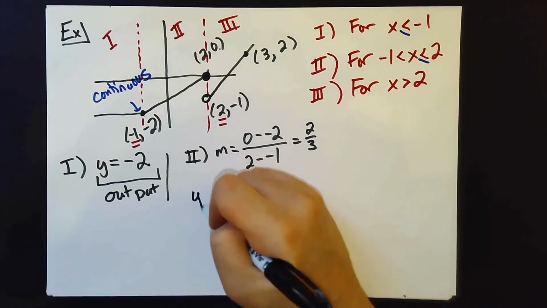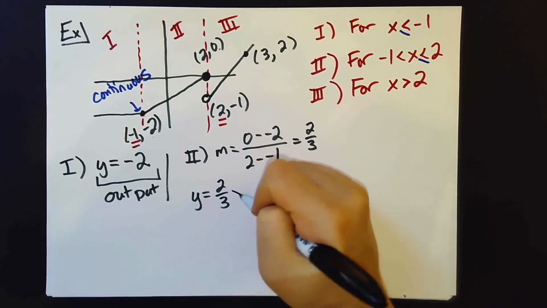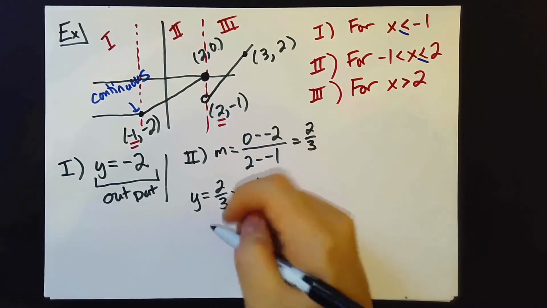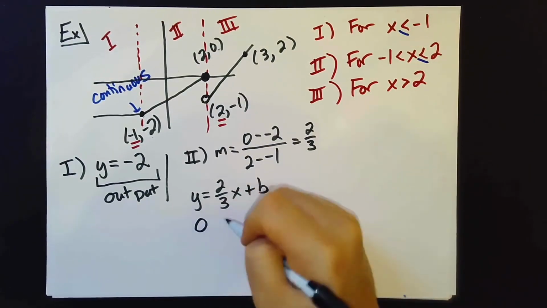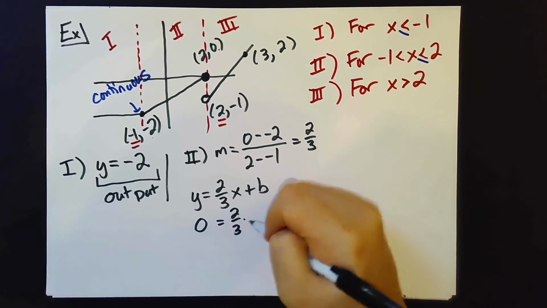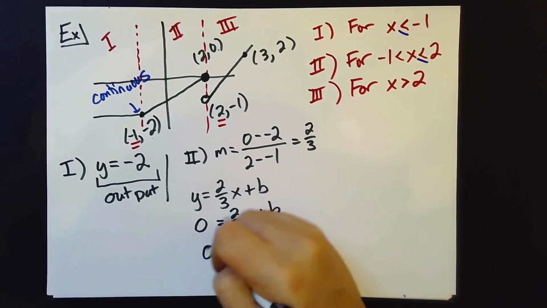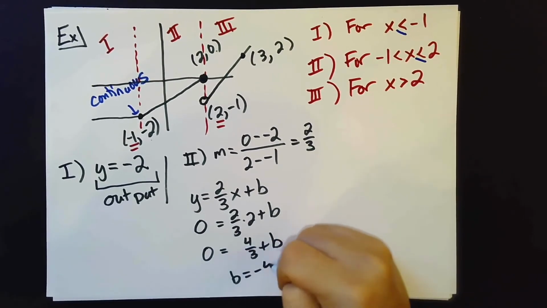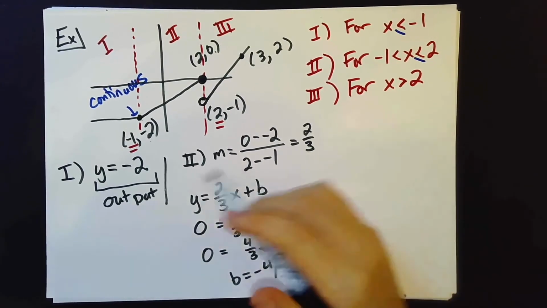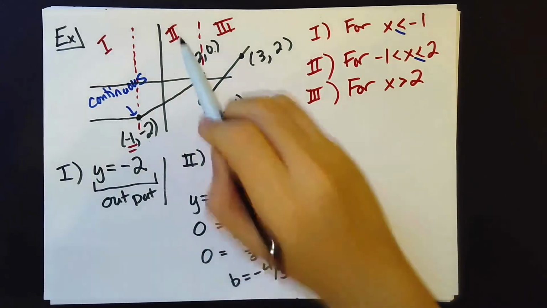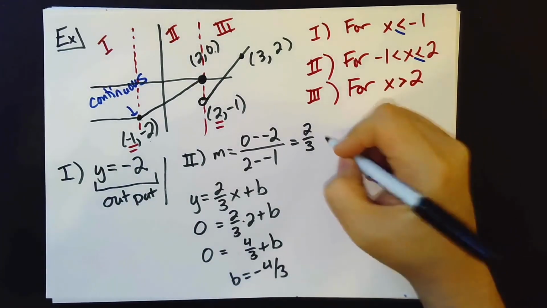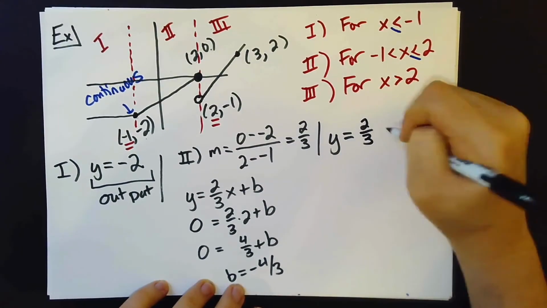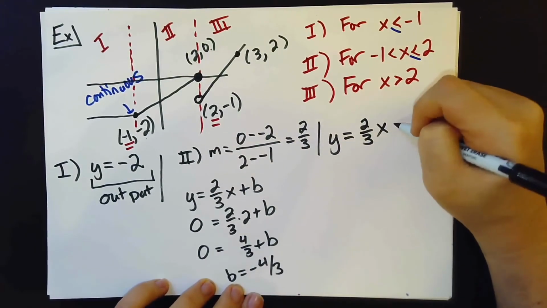And so this is y equals 2/3 x plus b for some b. I'll plug in 2, 0. So I will get 0 is equal to 2/3 times 2 plus b. So 0 is 4/3 plus b. So b is minus 4/3. And so that means my output for zone 2 is, in fact, y equals 2/3 x minus 4/3.